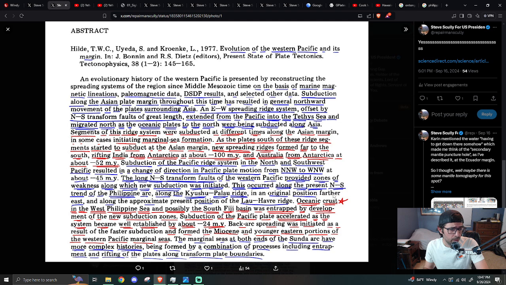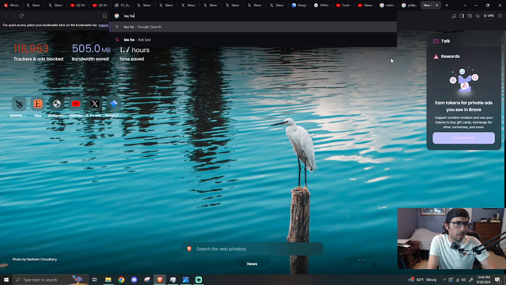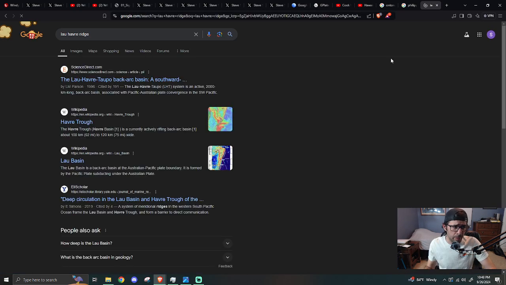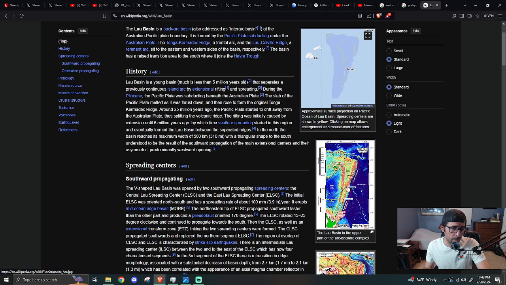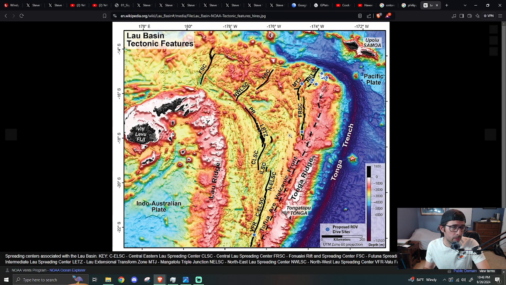And in the original position further east, and along the approximate present position of the Lau Havre Ridge. I don't remember how it was spelled. Okay. Ooh. We're all the way over to Fiji now. Lau Ridge. Huh.